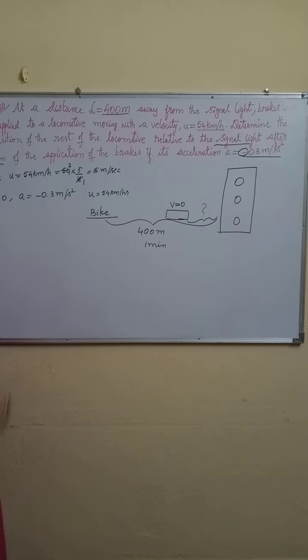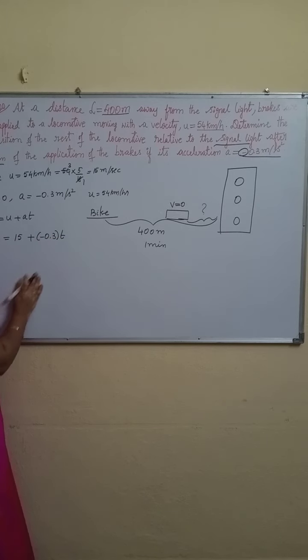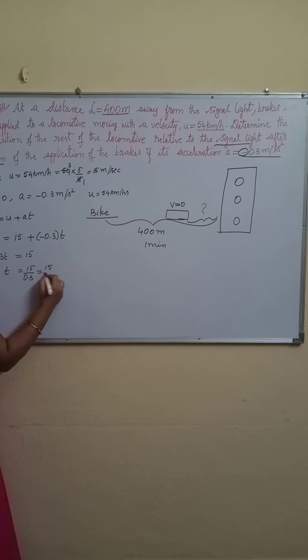Now, we have the formula V equal to U plus AT. Substitute here. U value 15, A value minus 0.3 into T. This is minus, when it comes to the other side, plus. So, T value will be 15 by 0.3. 0.3 can be written as 3 by 10.